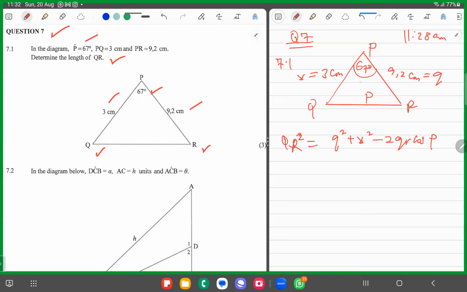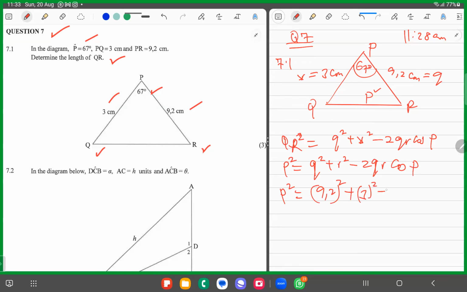Some students prefer to use the sides and say small p squared is equal to Q squared plus R squared minus 2QR cosine angle P. Now what is Q? It is 9,2. What is R? It is 3.